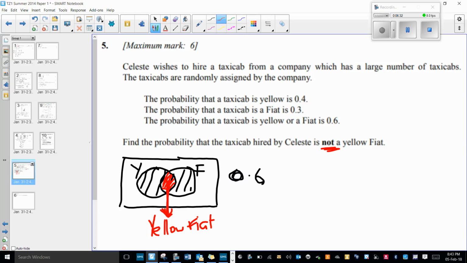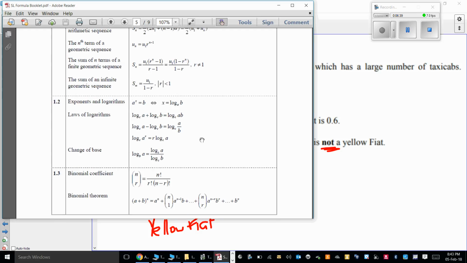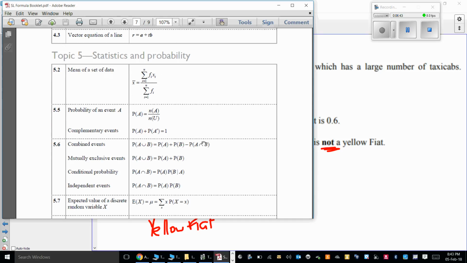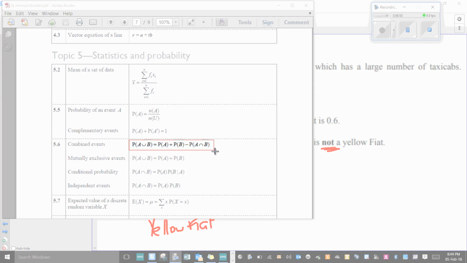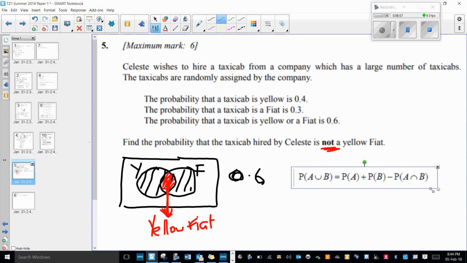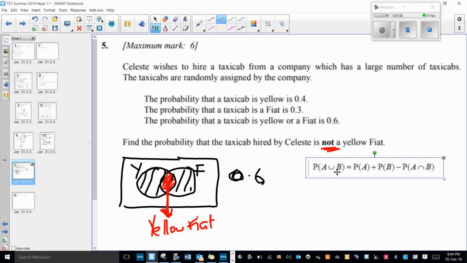So let's look at our formula booklet in probability. We know that the union of something, which is what the black part was, is equal to the probability of either of these two subtract that intersection.